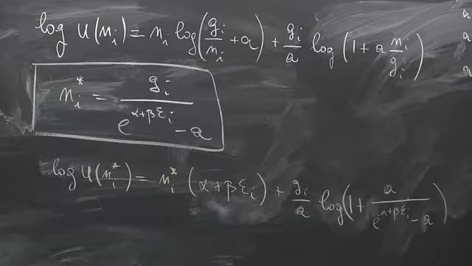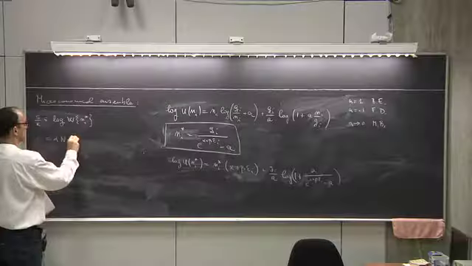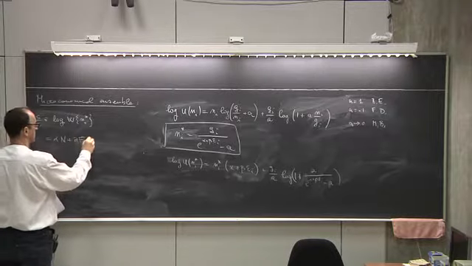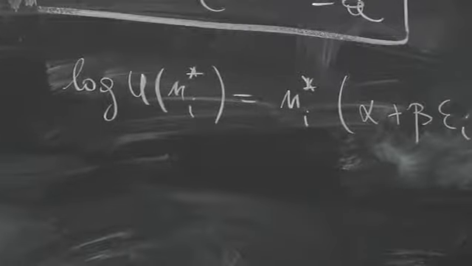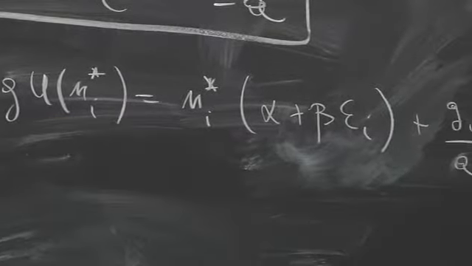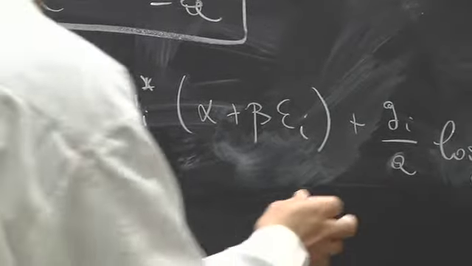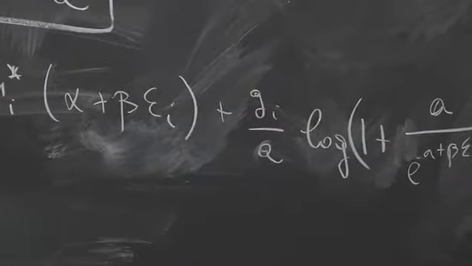So here you get alpha times N plus beta times the energy. And then there is the sum over I of this last term, which you can simplify a little bit.